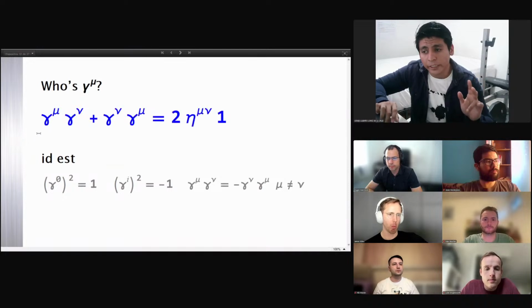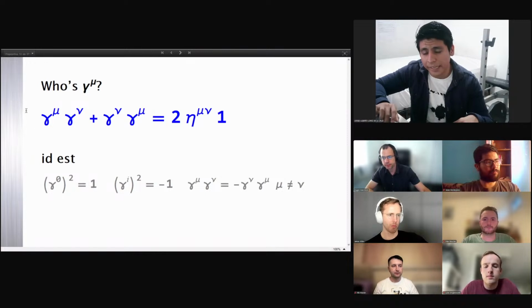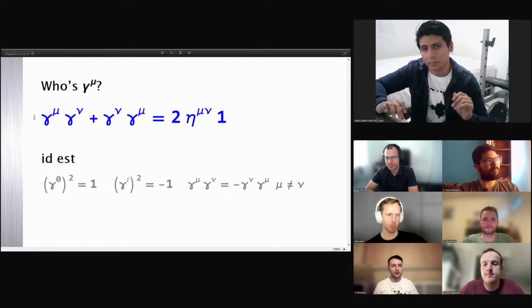So we have 16 variables in each gamma matrix. So we have a system of 16 equations with 64 variables. All right, this is insane. Solving this is almost impossible.